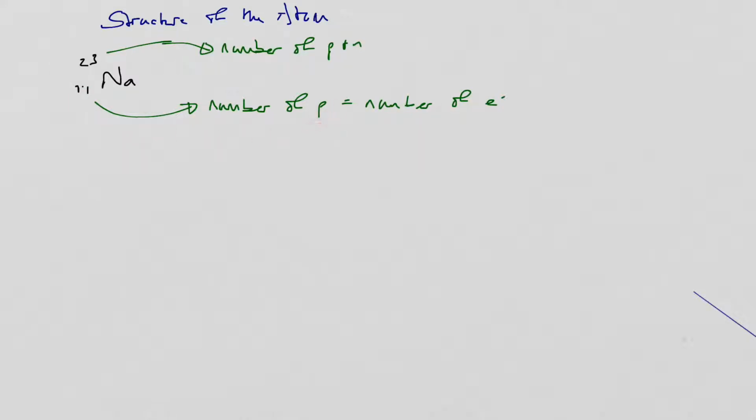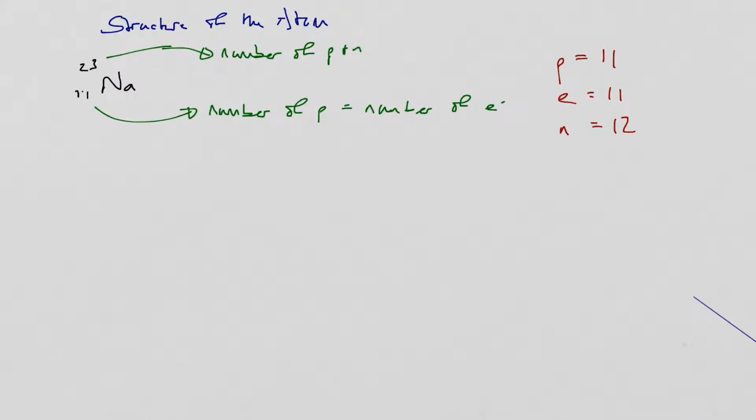The number of protons is also equal to the number of electrons, and then the 23 here equals the number of protons and the number of neutrons. We know sodium has 11 protons, so 23 take away that 11 gives you the number of neutrons here. Hopefully that makes sense. If it doesn't, just have a rewind of the video and you'll work your way through it again.